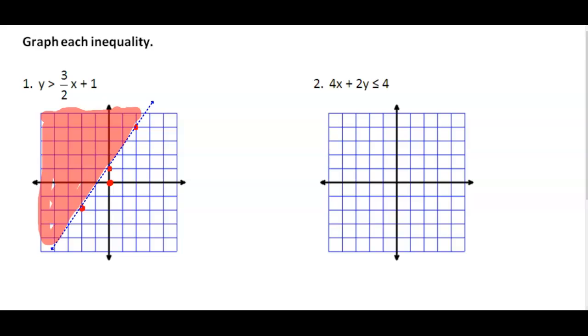Now in the case of this graph, should 0, 0 come out to be true or false? As long as we've done it correctly. Is 0 bigger than 1? No, so my point is false, which means my shading is correct. And we're happy. And we move on to the next one.